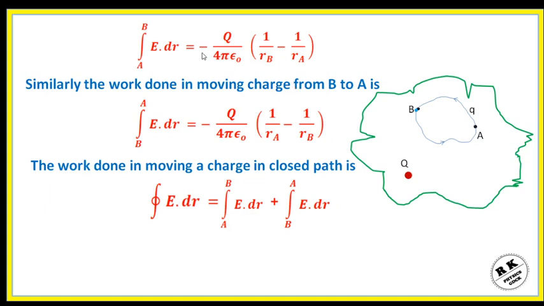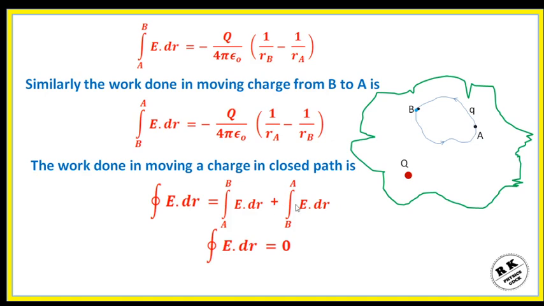Similarly, in the first equation minus times minus becomes plus, plus 1 by RA, and in the second equation it is minus 1 by RA. So these two things will cancel. As a result, the RHS becomes 0. So we remain with the closed integral of E dot dr. Closed line integral of E dot dr is 0.